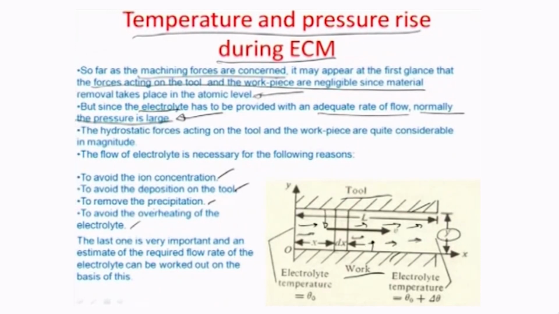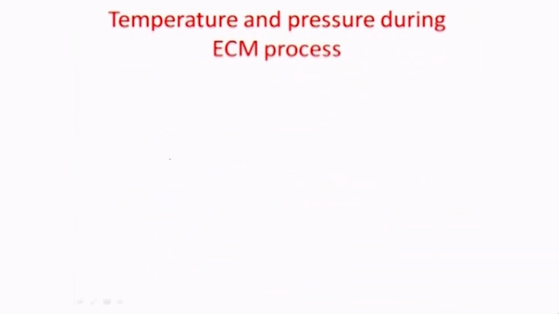And the last one is very important: an estimate of the required flow rate so that the electrolyte can remain without boiling. These are principally the reasons why flow of the electrolyte is a preferred solution to address these requirements and problems. Let us look into this in a little more detail on the modeling aspect.